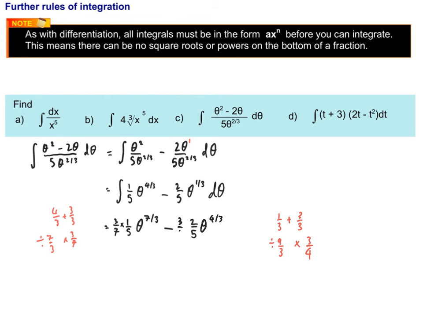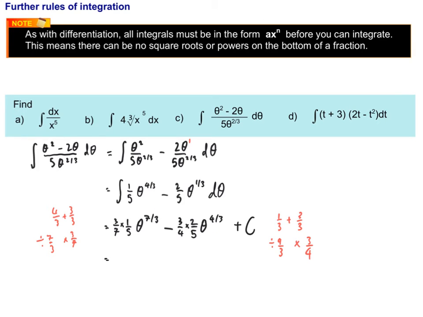So 3 over 4 times that. And remember, we've integrated, so we need our constant of integration. I'm going to tidy up and leave it in the format the question gave me. The question's given me it with fraction powers, so I'm going to leave these as they are.